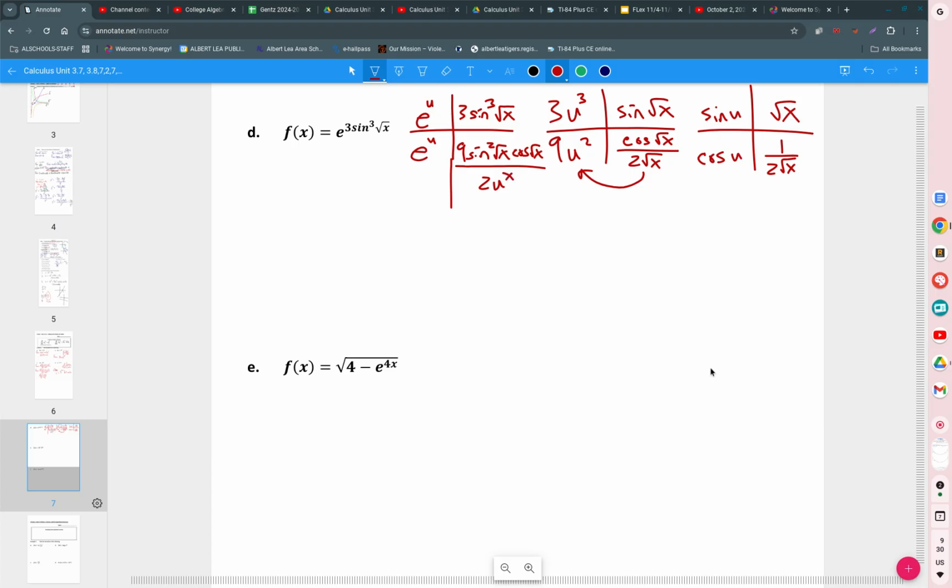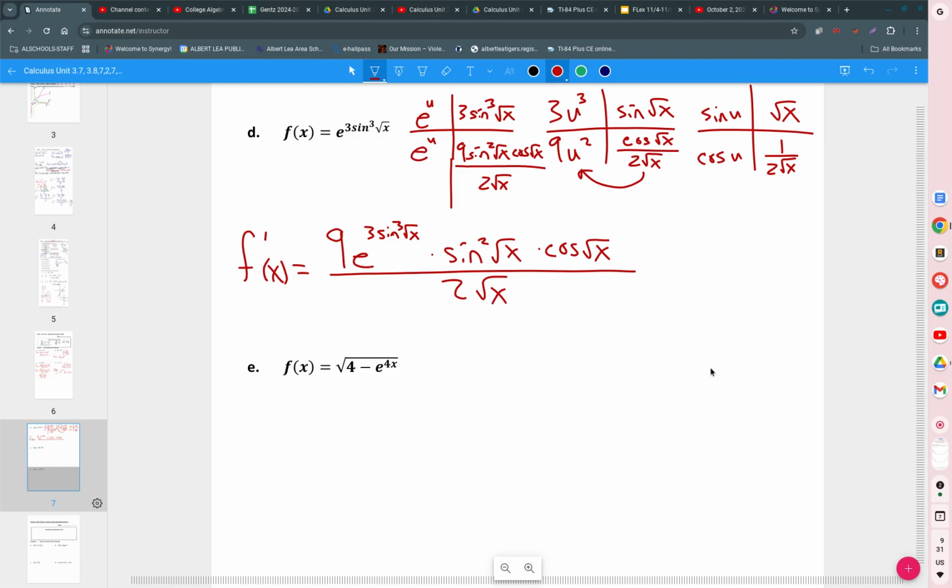And finally, I multiply these two expressions together. And so I get f prime of x is equal to 9 e to the 3 sine cubed root of x times sine squared of the root of x times cosine of the root of x, all over 2 roots of x.